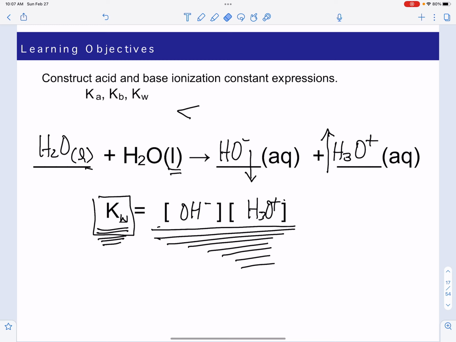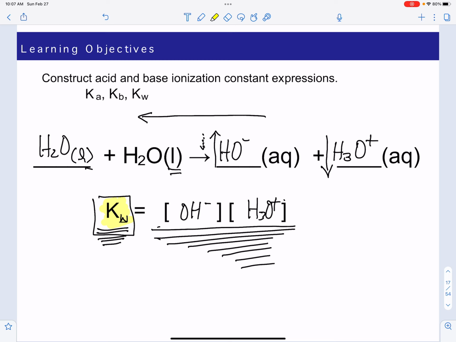If I, for example, increase the amount of hydroxide, it will turn toward the reactants to bring the hydroxide down, which will also bring down the hydronium in the process, because it's going toward the reactants. And that's so that the Kw doesn't change. The only thing that can change the Kw is a change in temperature. So as long as the temperature is the same, the Kw has to be the same.